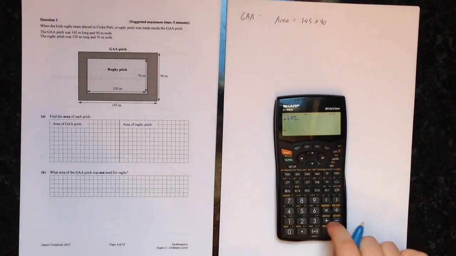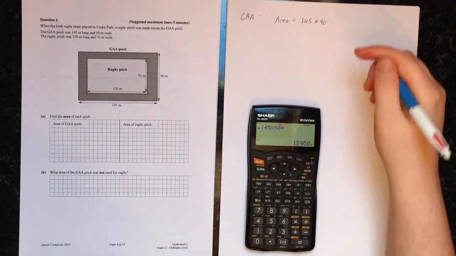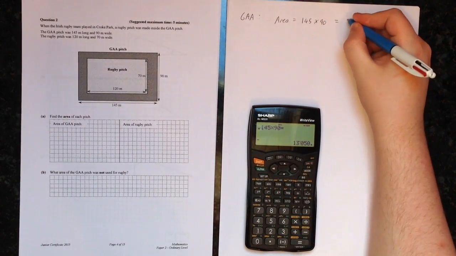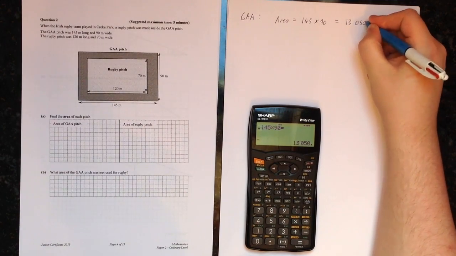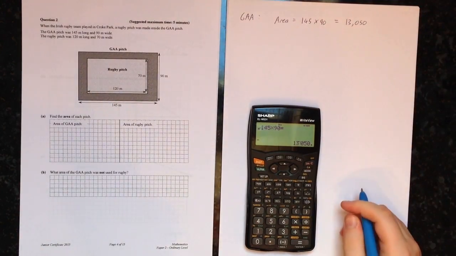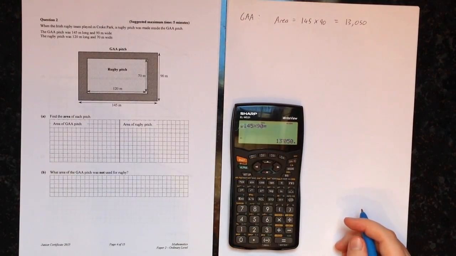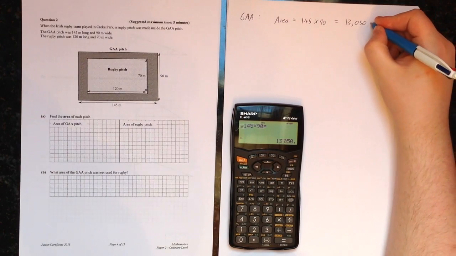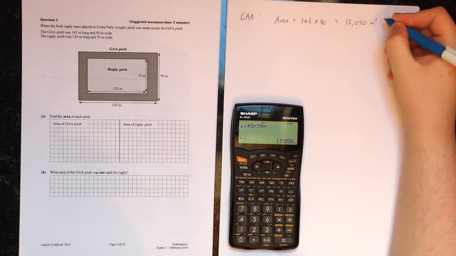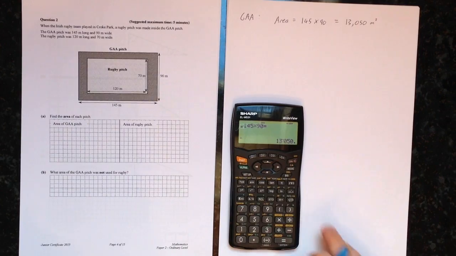So that's 145 multiplied by 90, which is equal to 13,050. Because both sides are measured in metres, that is 13,050 square metres.